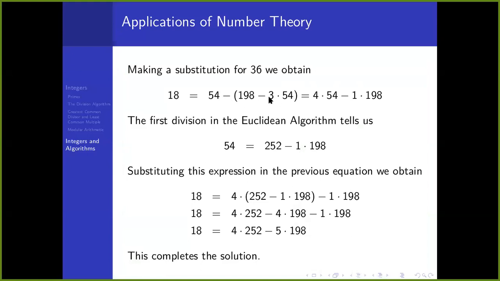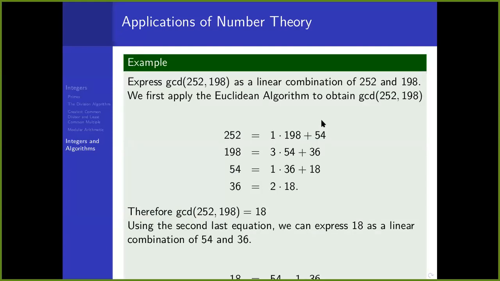So we have 4 54s, and there's a negative 1 times 198 there. So we just put the like terms together. It's still a problem because what I need is 252 and 198 on the right hand side, but I still have 54.